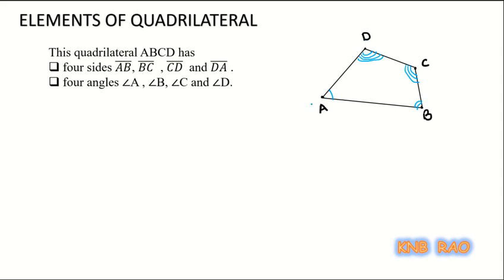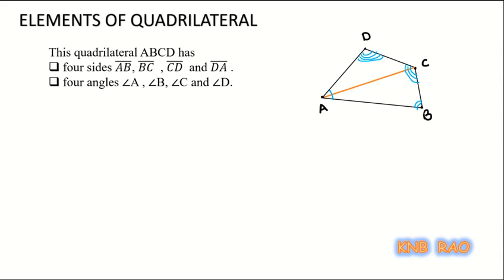But A and C are not adjacent vertices. If I join them, that is a pair of non-adjacent vertices of a quadrilateral, I'll get a diagonal. So this is the diagonal AC.